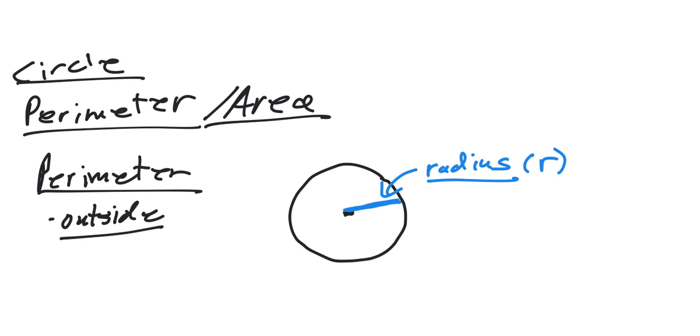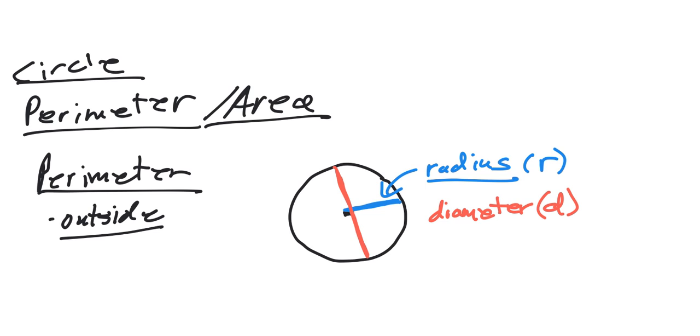Now, here is another term. So let's say I have a line that goes all the way across my circle. We call that the diameter, D. Okay?